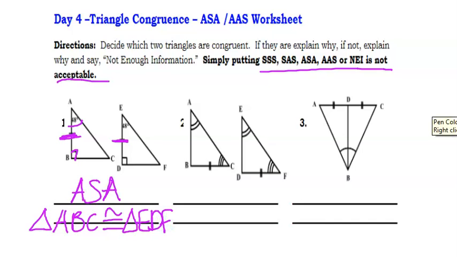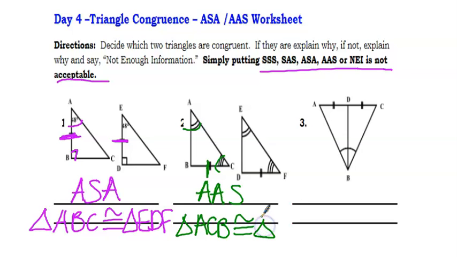The second one is a little different. The side is not in between them. The side is on the outside. So this would be angle, angle, S, because it's angle, angle, then the S. And then the triangles would be ACB is congruent to, well, what goes with A? E, and then FD.